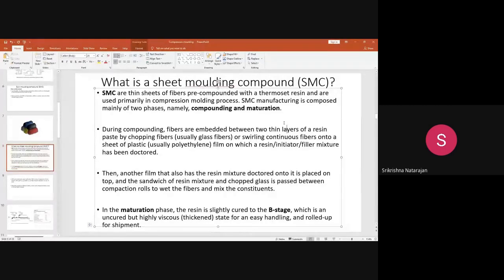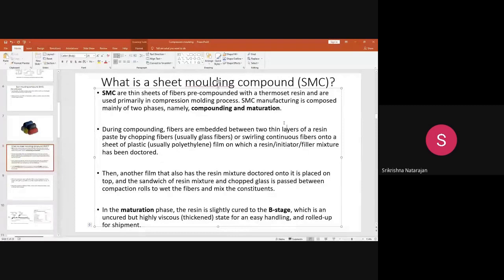A stage means it is very slightly cured. B stage means it is partially cured. C stage means it is completely cured. If it is in the B stage, you can say that it is in the form of a gel. It is in a highly viscous state, but it is not cross-linked completely.